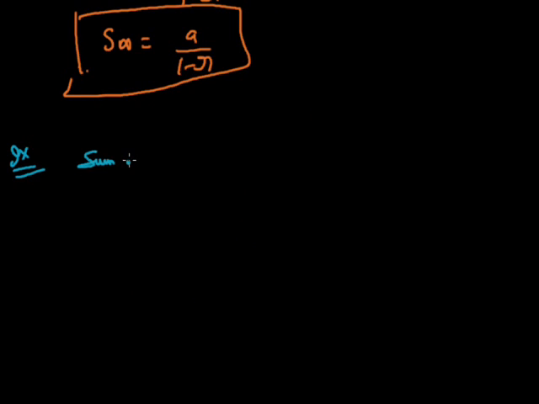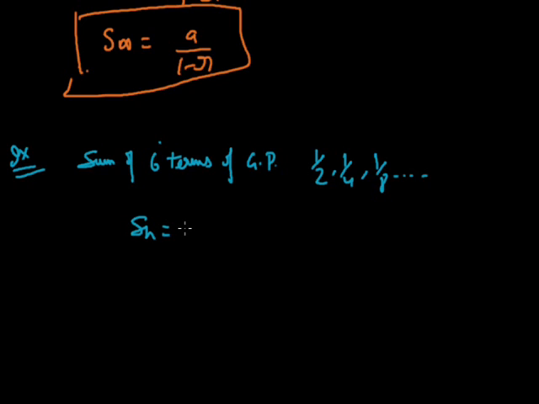Example: sum of 6 terms of GP 1 upon 2, 1 upon 4, 1 upon 8 and so on. Then Sn equals a into 1 minus r to the power n upon 1 minus r, a equals 1 upon 2, r equals 1 upon 2, n equals 6.